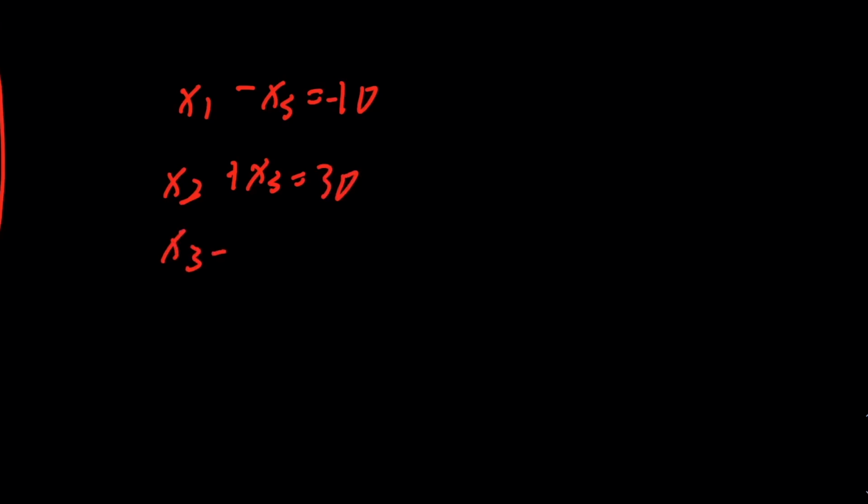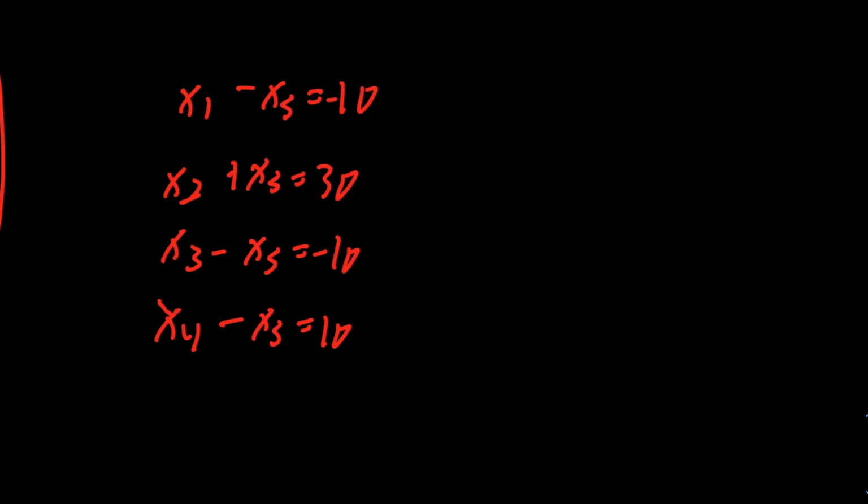And as a result, we get x1 minus x5 is equal to negative 10. And then we have x2 plus x5 is equal to 30. Then we have x3 minus x5 is equal to negative 10. And x of 4 minus x of 5 is equal to 10. So these are our new systems of linear equations.